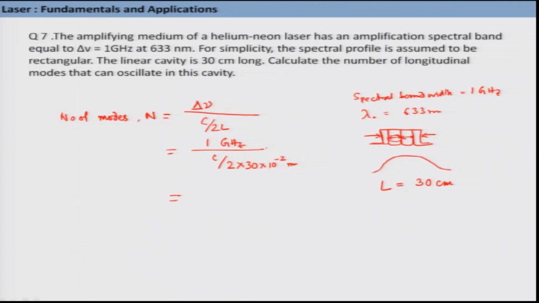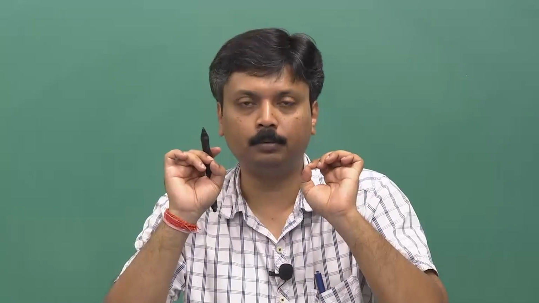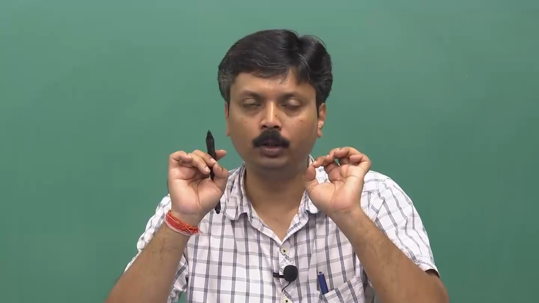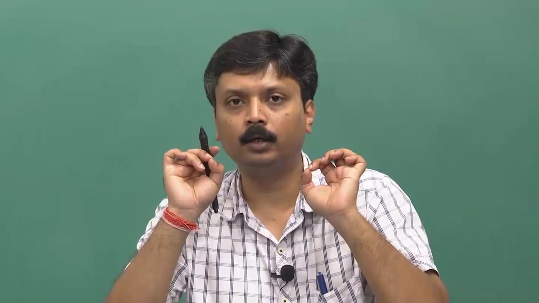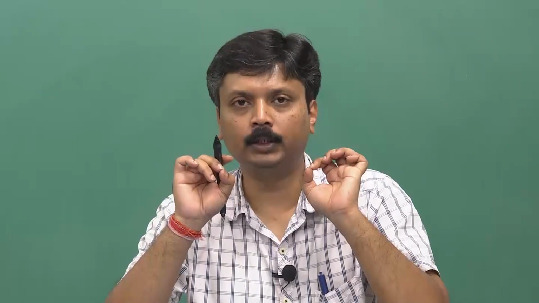Okay. So, we can easily find out how many modes will satisfy the standing wave conditions. That is the crux of this problem, that we need to find out how many modes will satisfy the standing mode condition, and if you know the expression which connects the length of the cavity and the frequency of light, and then you know the gap between two such modes.